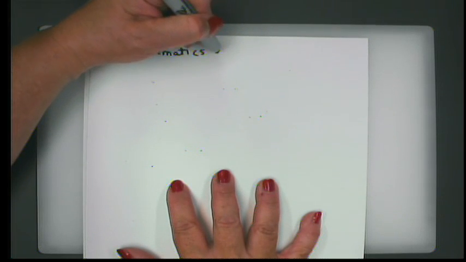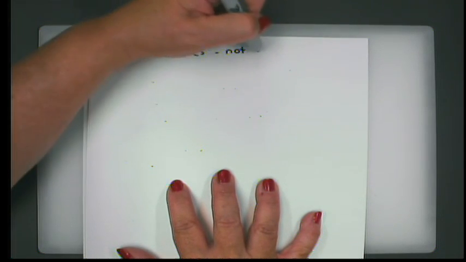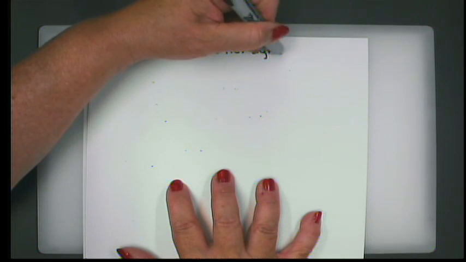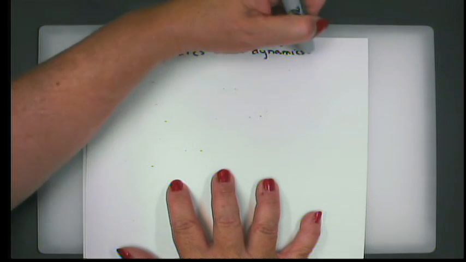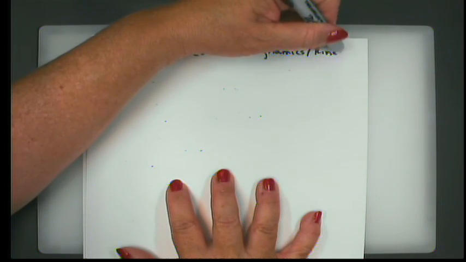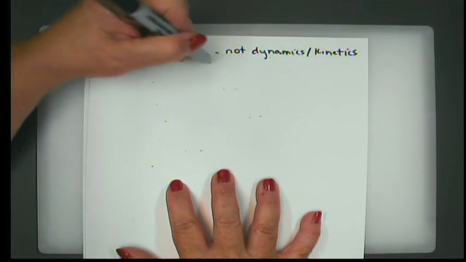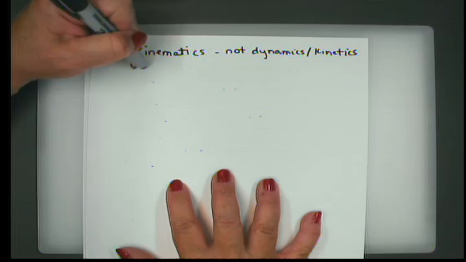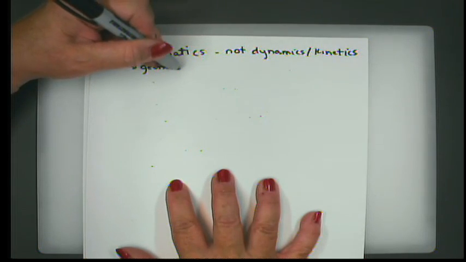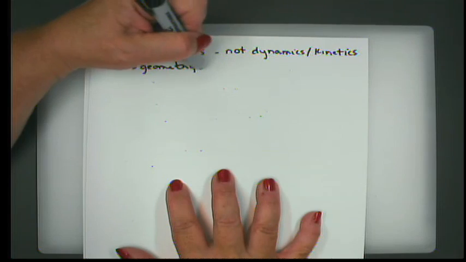Kinematics is separate from dynamics or kinetics, in that in kinematics we discuss the geometry of motion. We don't talk about the cause.